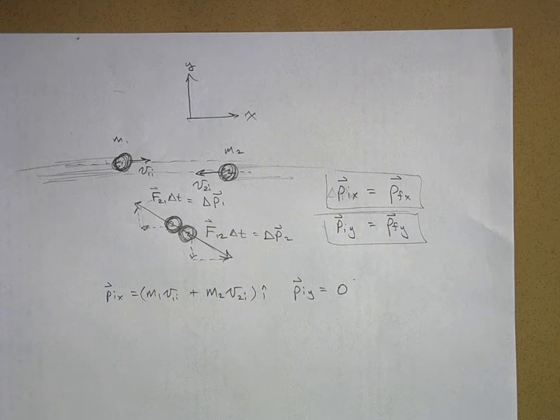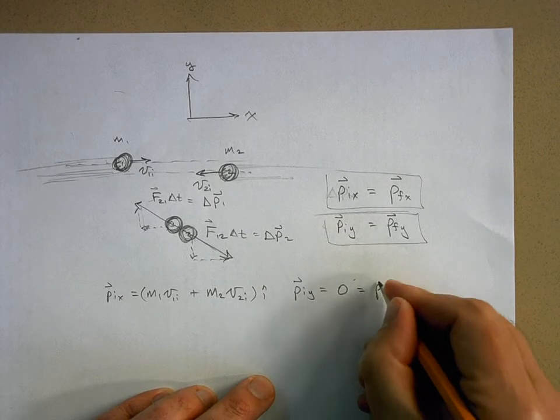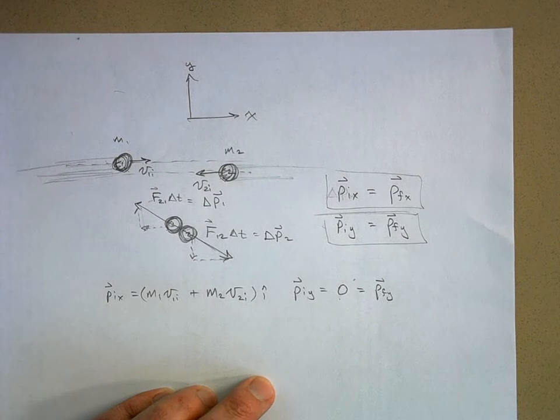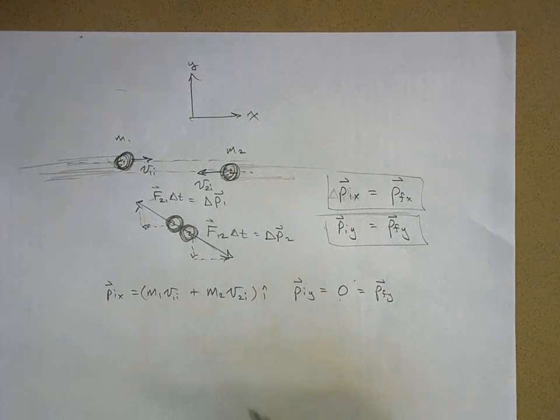Neither one of them are moving in the y direction at all. So there isn't any momentum in the y direction before the collision. Well, what does that mean? That means the final momentum in the y direction will also be equal to 0. Okay? Which gives you information.